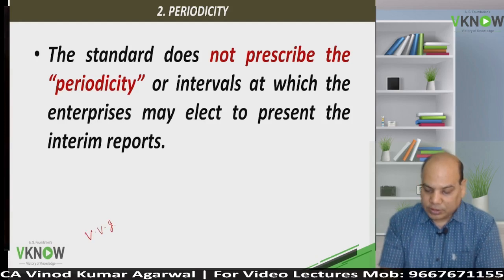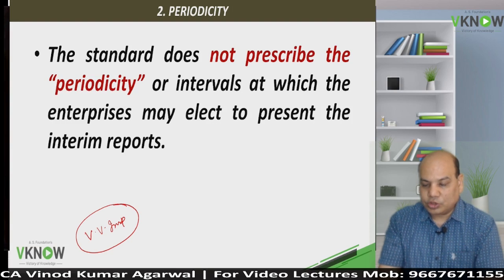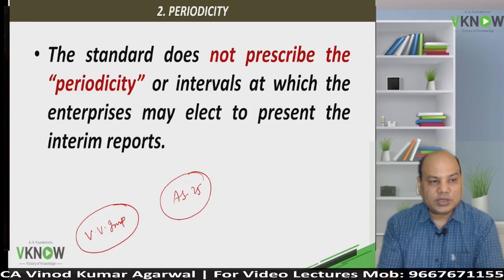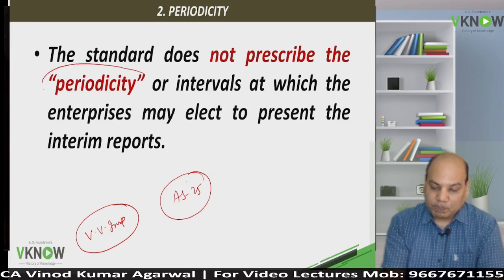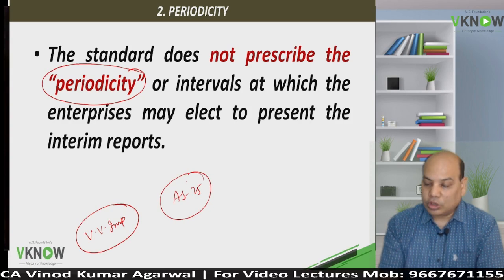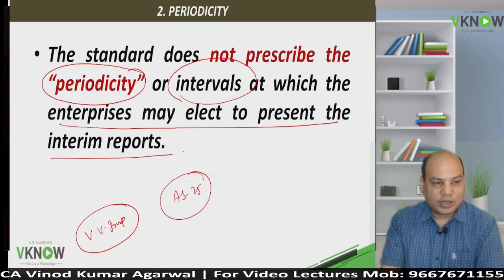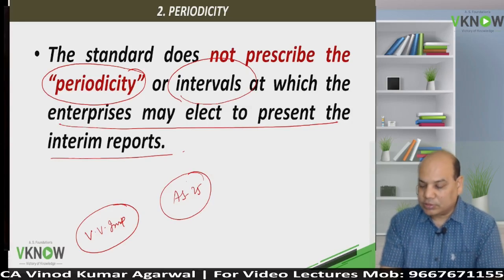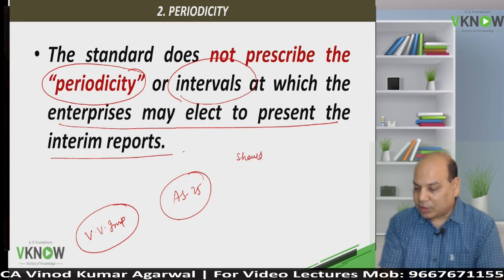Now we'll come to second point, periodicity. Very, very important. Our institute through AS25 does not specify what will be the periodicity or interval at which enterprise may elect to present the interim report. That means the meaning of this line is, should an entity prepare half yearly reports?